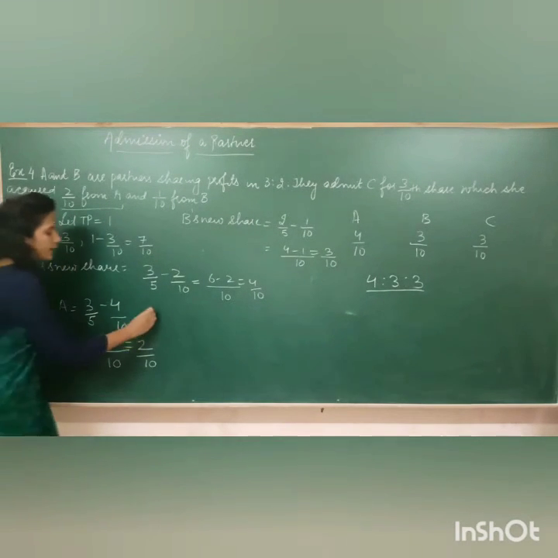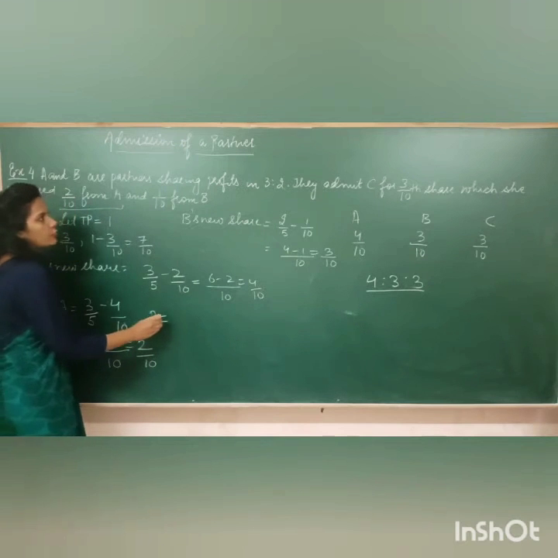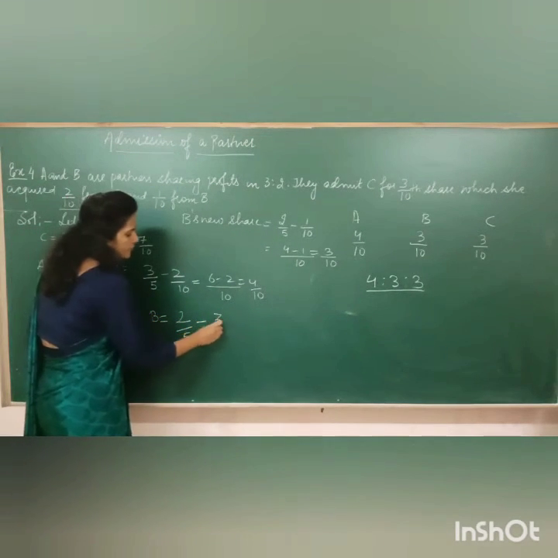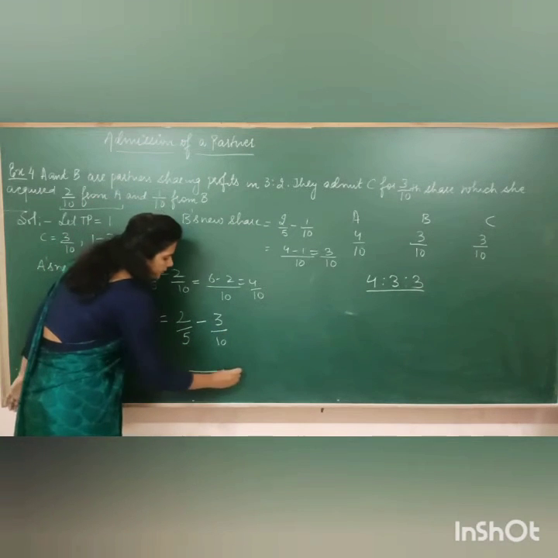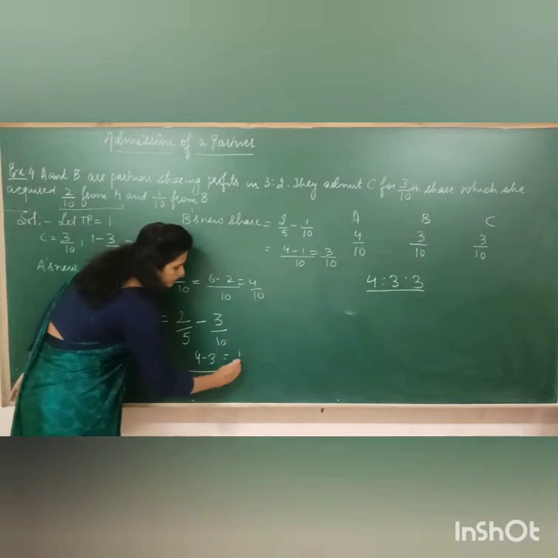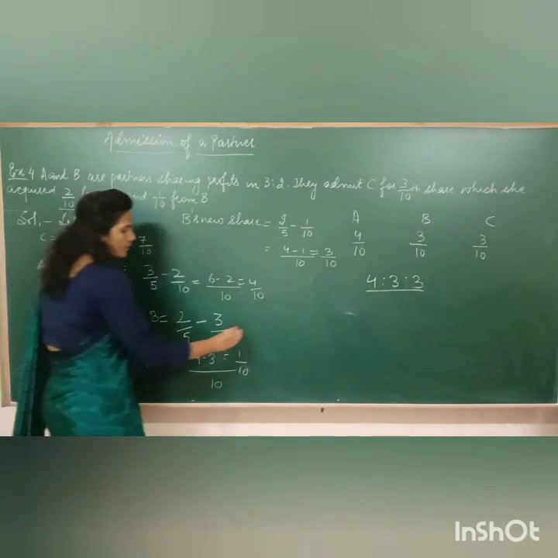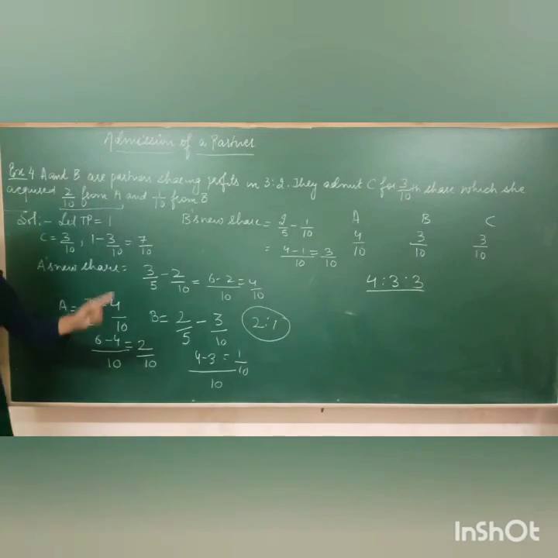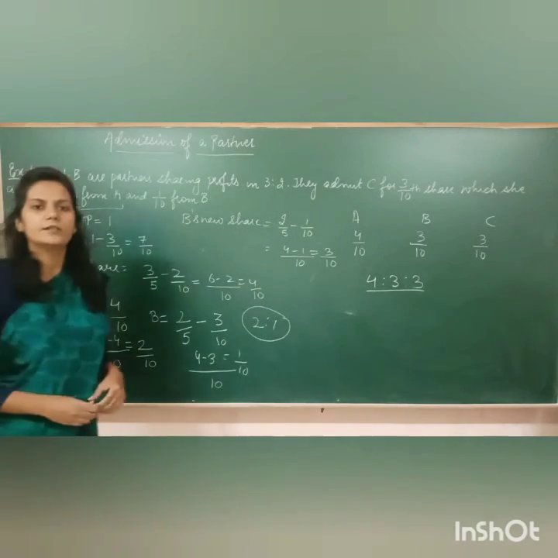If you would like to calculate for B, then B's old share is 2 upon 5 and B's new share is 3 upon 10. Subtract, take LCM. So the ratio becomes 2:1 sacrificing ratio and 4:3:3 is the new ratio.